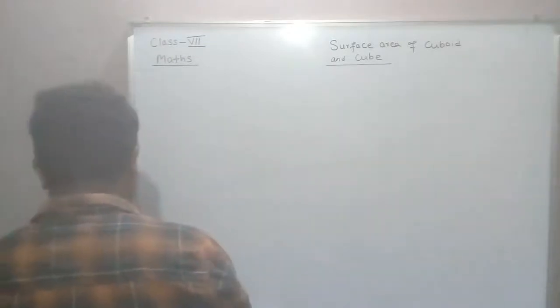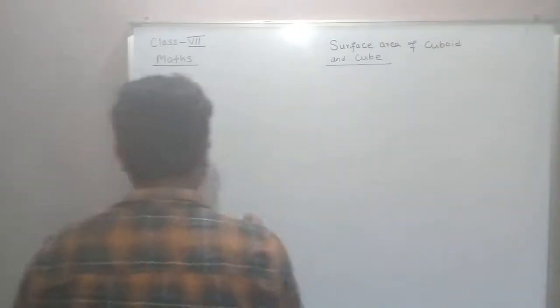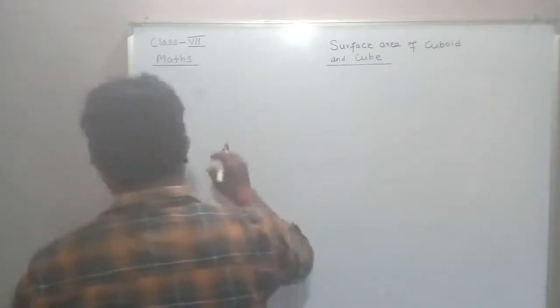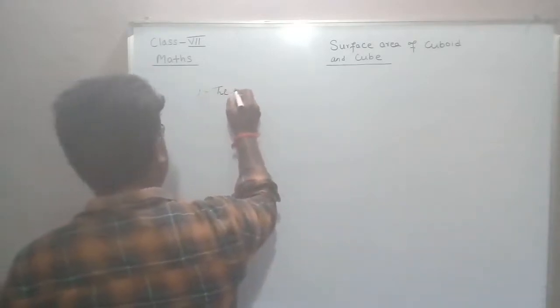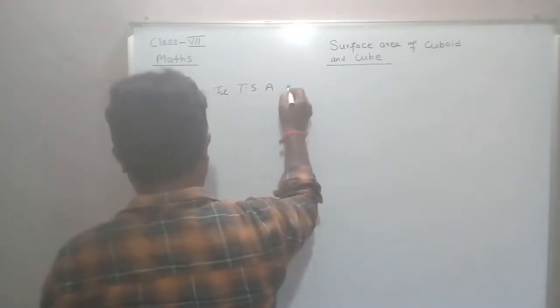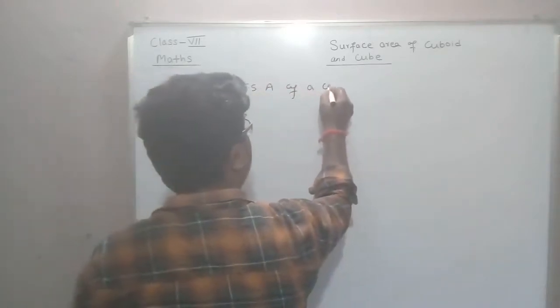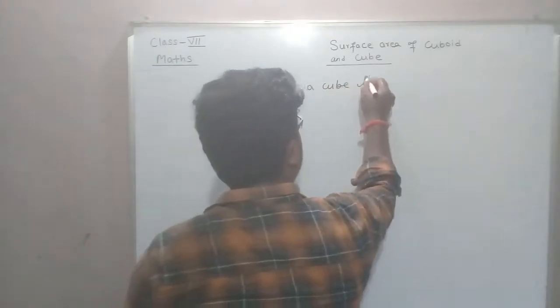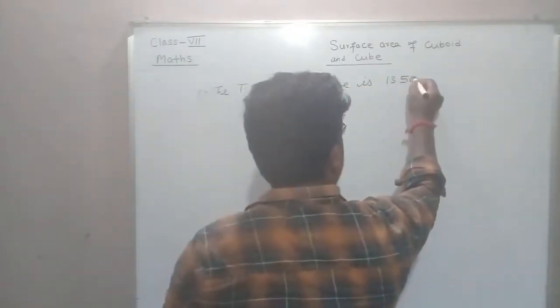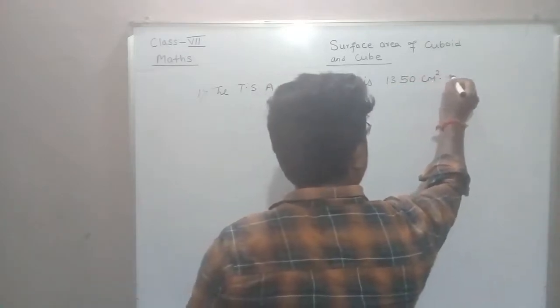So our question number 1 is, the total surface area of a cube is 1350 cm square.